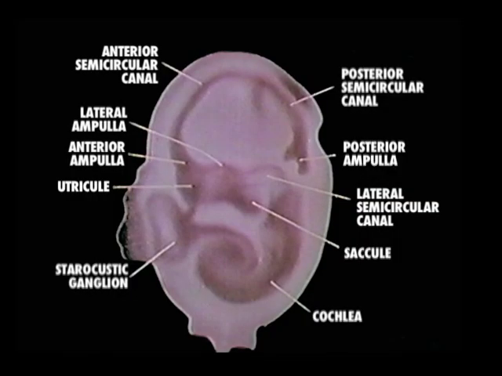At the end of 2 days in organ culture, a number of structures can be noted in the developing inner ear. These are the posterior semicircular canal, posterior ampulla, lateral semicircular canal, saccule, cochlea, statoacoustic ganglion, utricle, anterior ampulla, lateral ampulla, and the anterior semicircular canal.